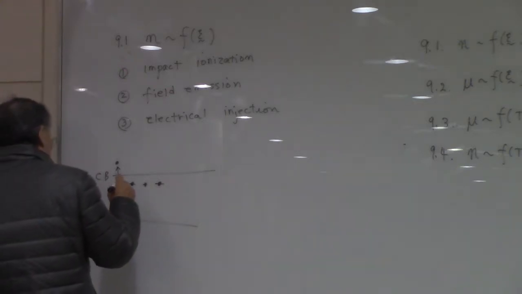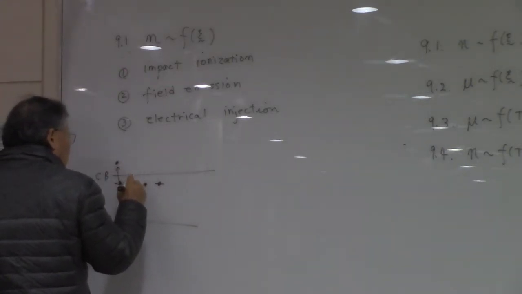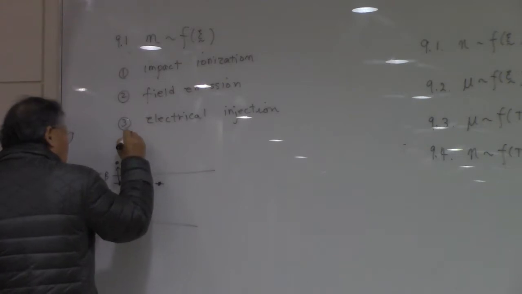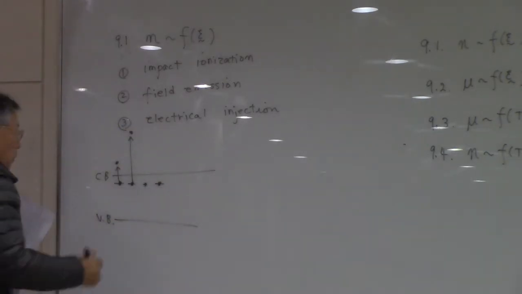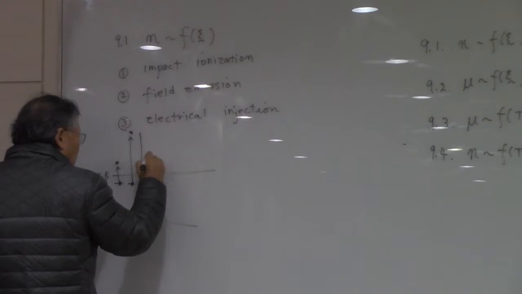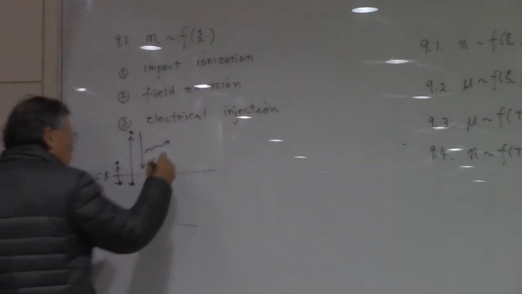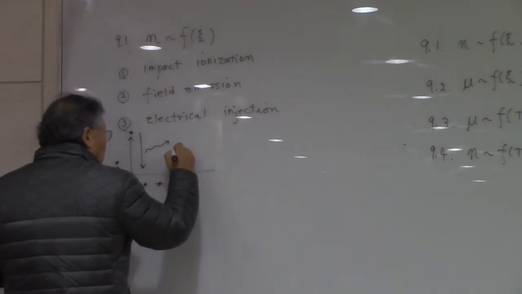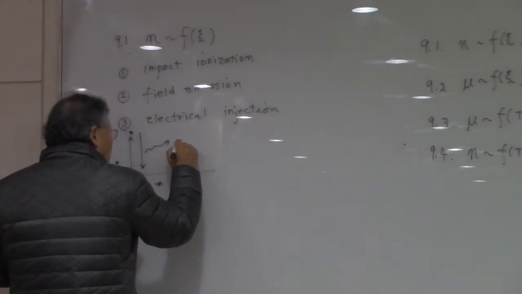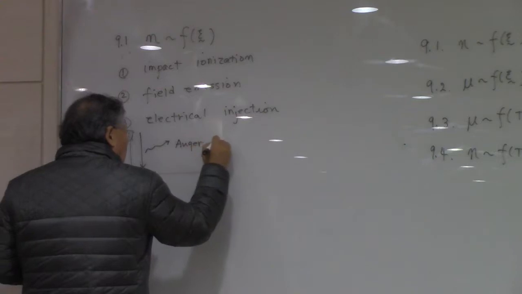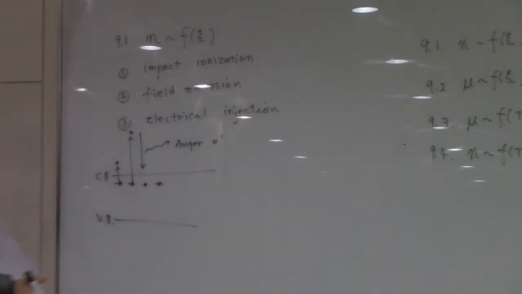And when these excited electrons in the conduction band drop, they generate energy, and this energy is going to give rise to the Auger electrons. That's how we can generate the Auger electrons in a solid. Okay, this is one example.